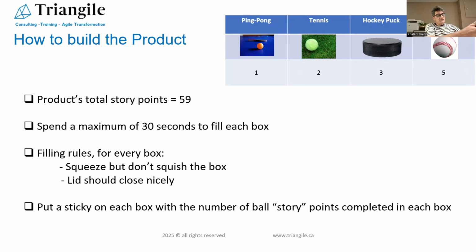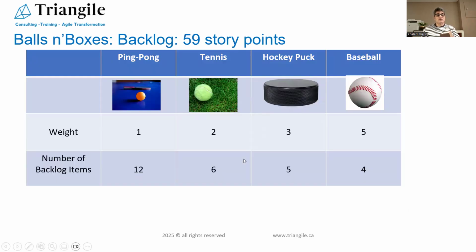I pre-filled them, but I'll start now filling them one by one. Remember, we have four different categories, and this is the total number that we have. I'll start with box one, with a hockey puck first, and then maybe another hockey puck, and I'll see if I can use a tennis ball here.